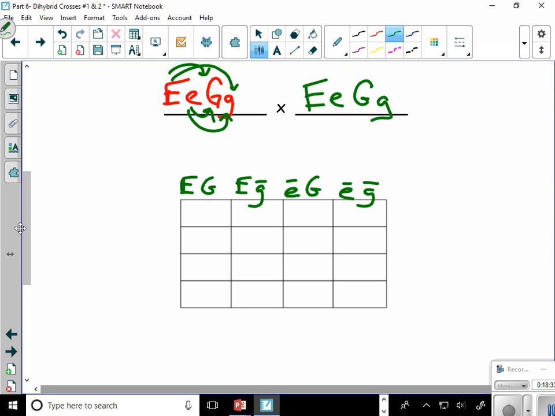Now what about the other side? Same thing, right? Because they're both heterozygous. So if I did the first one right, I can just fill in the second one. Go ahead and make your cross. So I'll make mine up here.